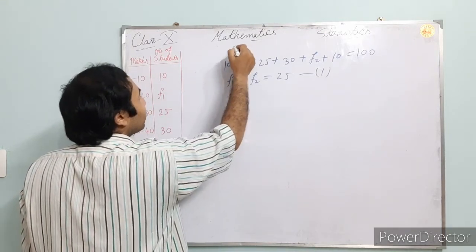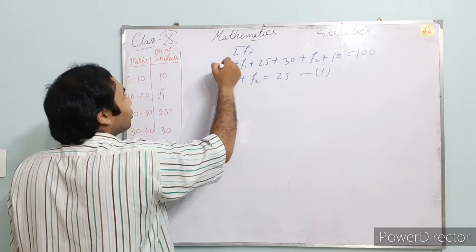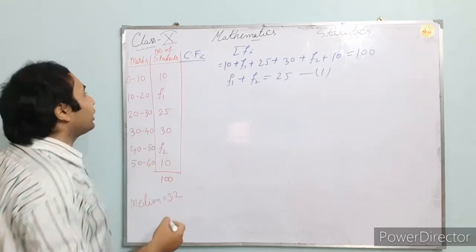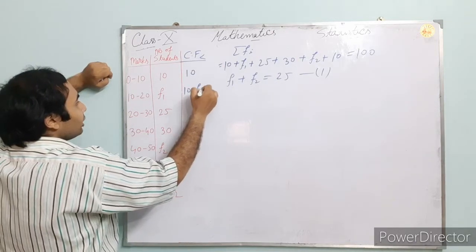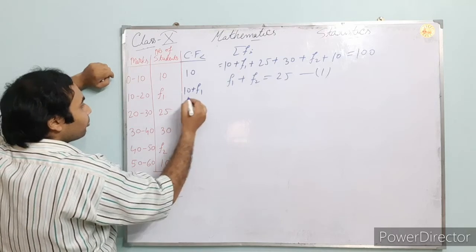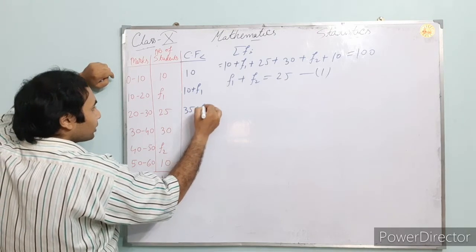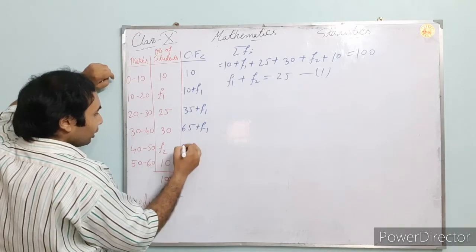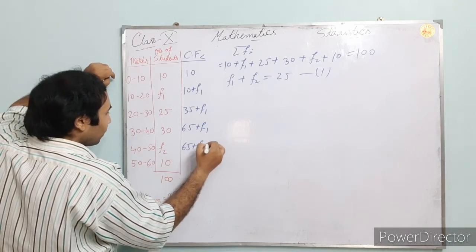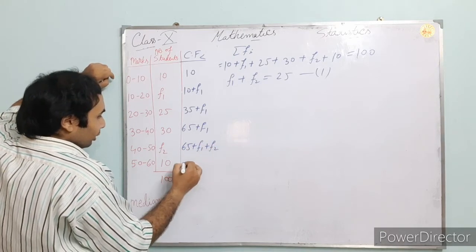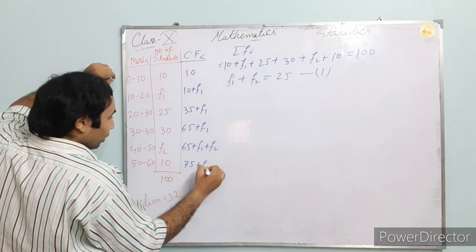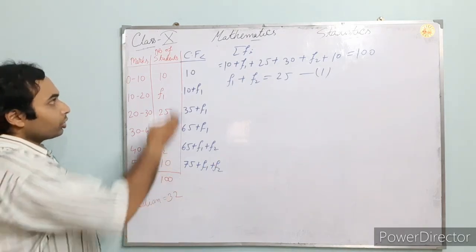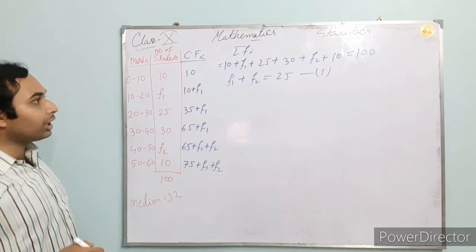Now we have to find the cumulative frequency, less than type. Then 10 plus f1, then 25 plus 10 plus f1, so 35 plus f1, then 65 plus f1, and then 65 plus f1 plus f2, and then 75 plus f1 plus f2. Okay, so this is the cumulative frequency now.